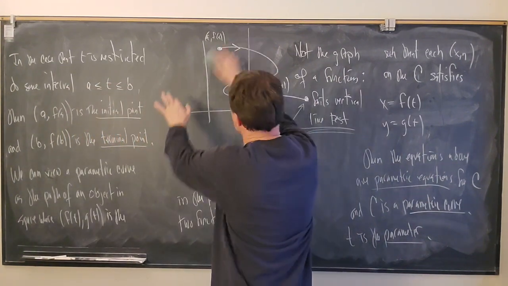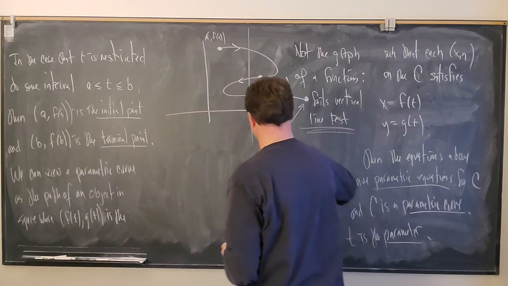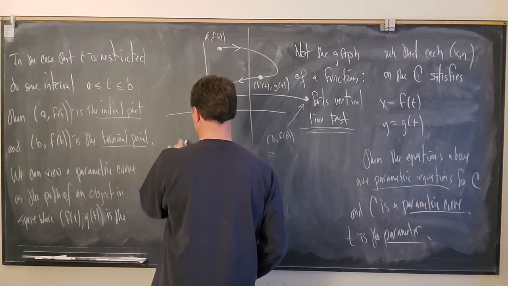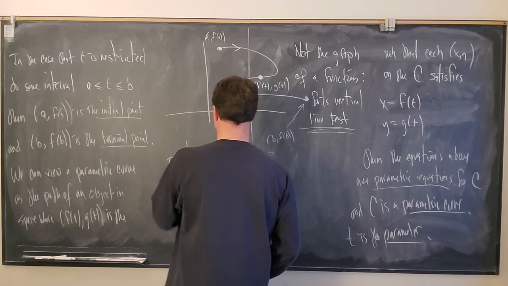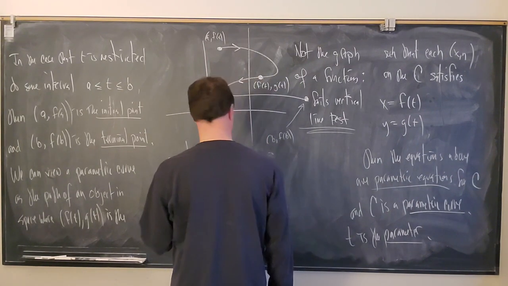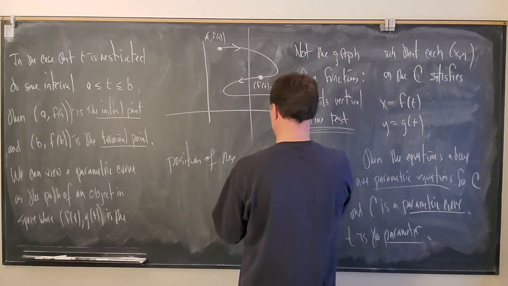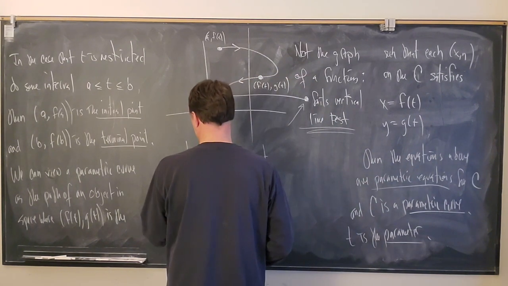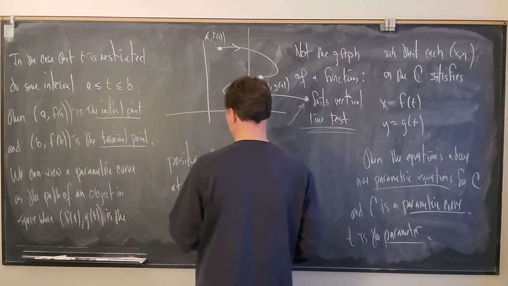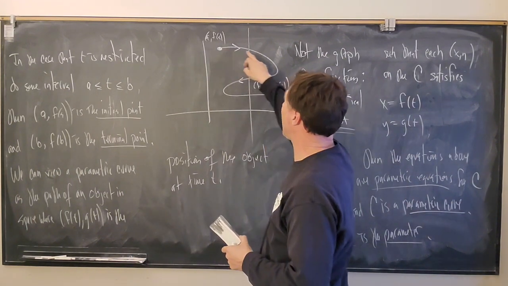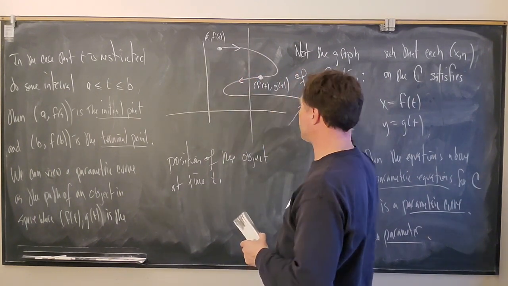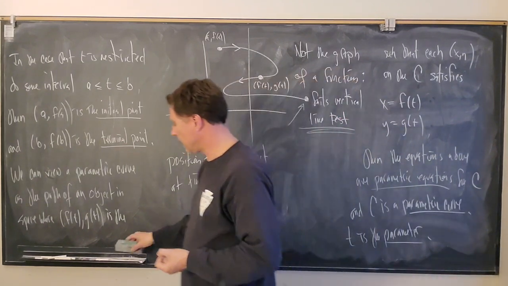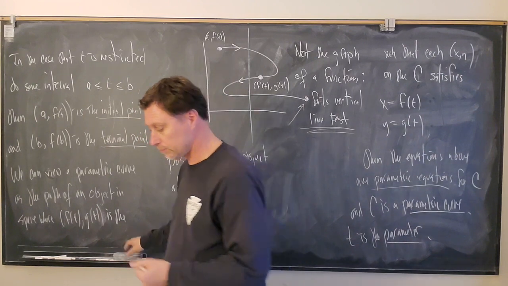Let me write it below just so we have this picture in mind. So this is the position of the particle or the object at time t. So as time elapses, this object travels along there, and at each time t, f of t comma g of t tells us where we are on the curve.